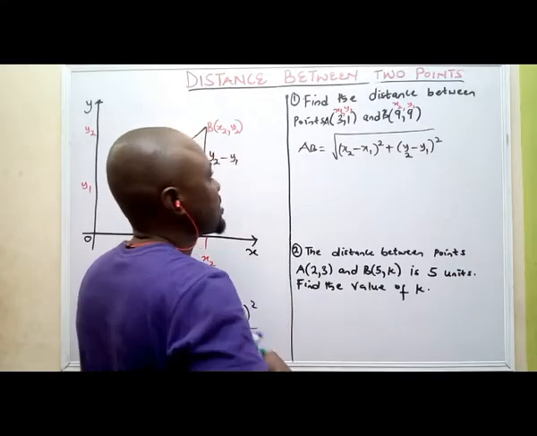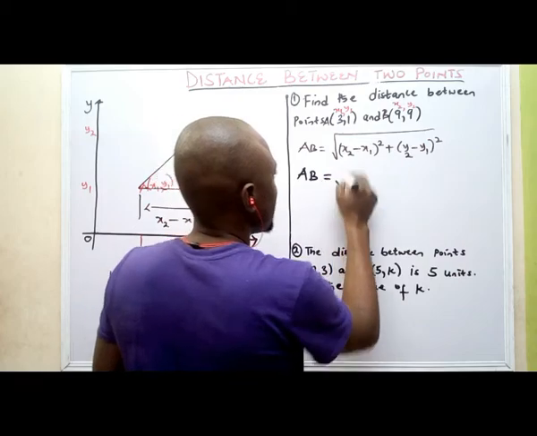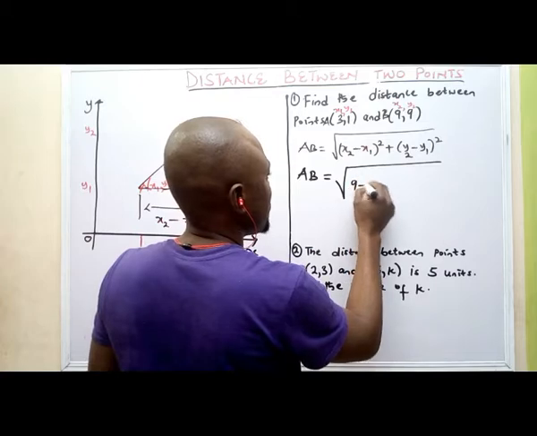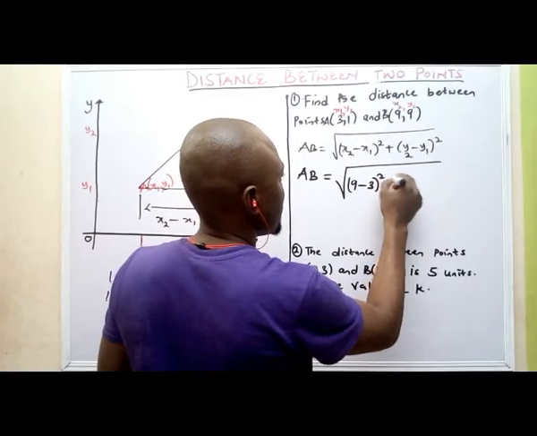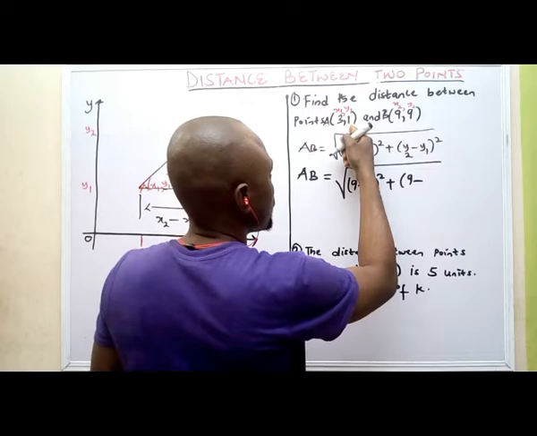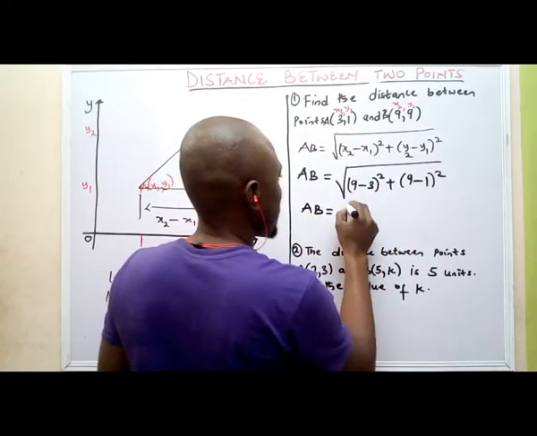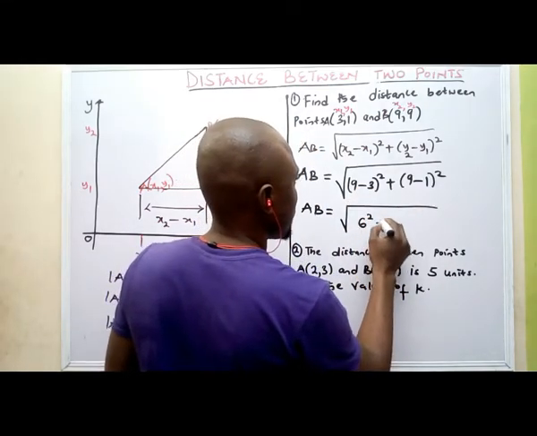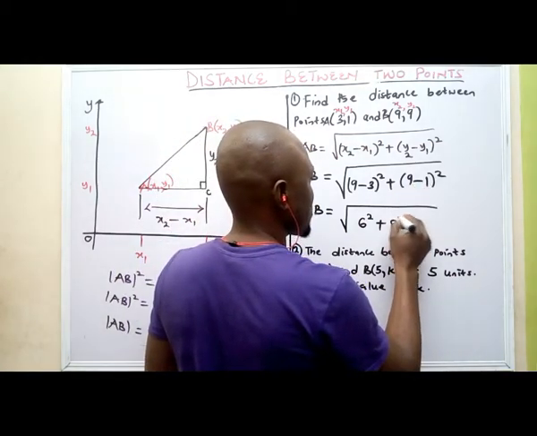So to get the distance between AB, I can say AB will be the square root of x sub 2 is 9 minus x sub 1 is 3 all squared plus y sub 2 is 9 minus y sub 1 is 1 all squared. So AB is the square root of 9 minus 3 will give me 6 squared plus 9 minus 1 will give me 8 squared.